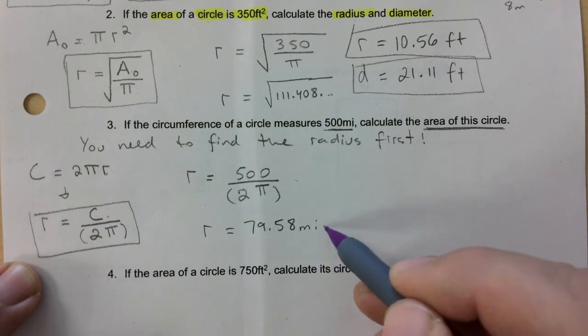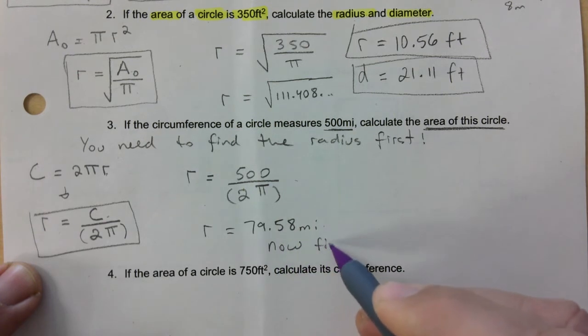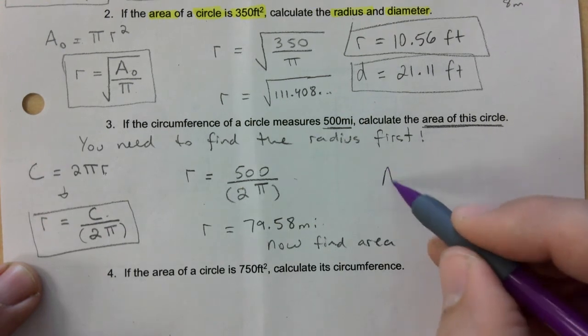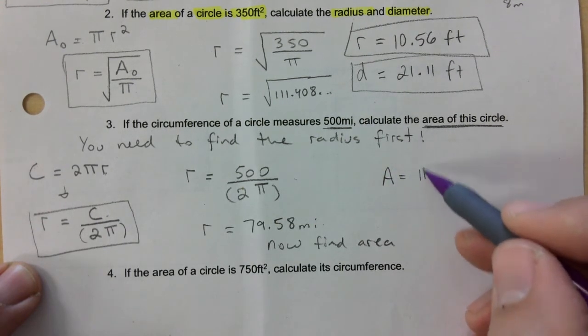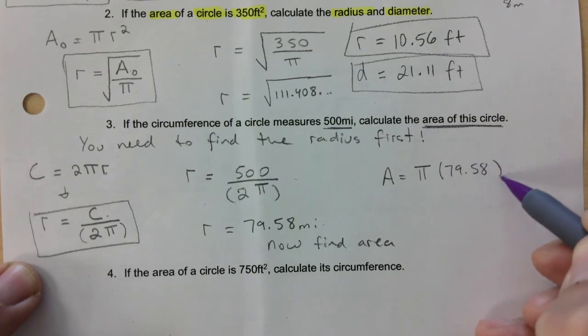And now we use this, right, to find area. Now, find area. And I will allow you to round to 2 decimals here, okay? So area would be pi times 79.58 squared.